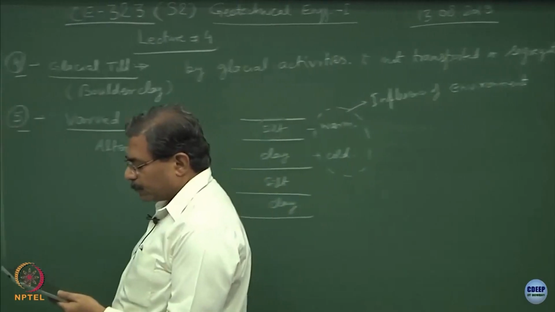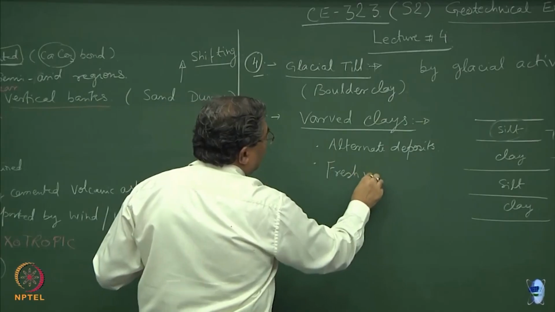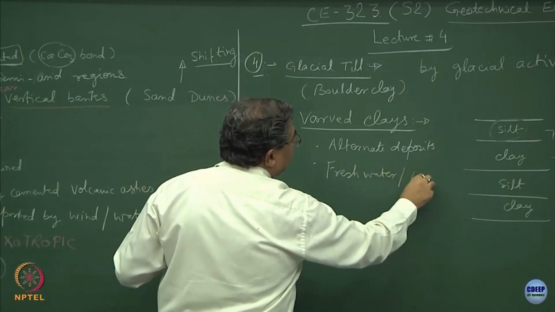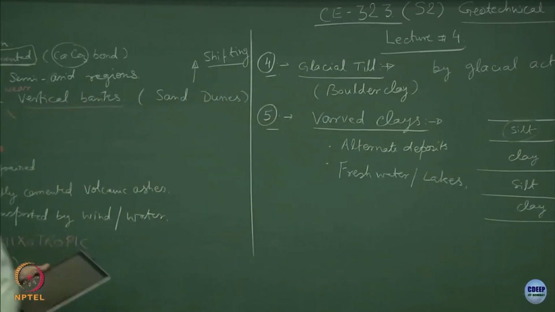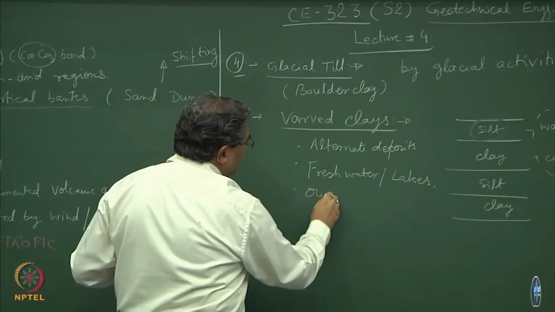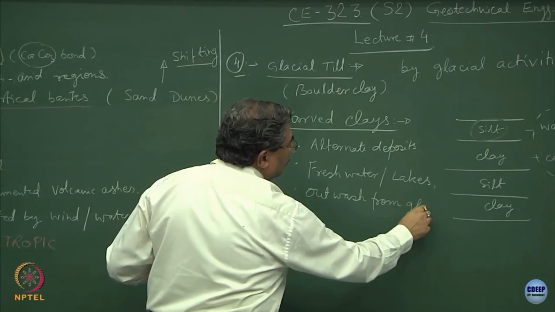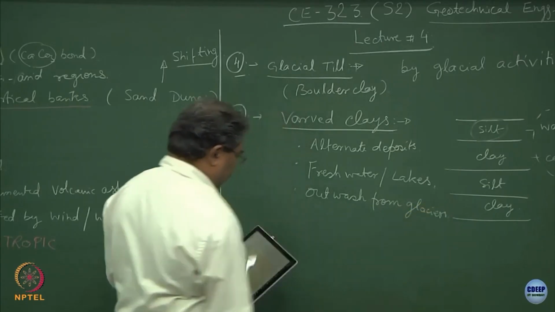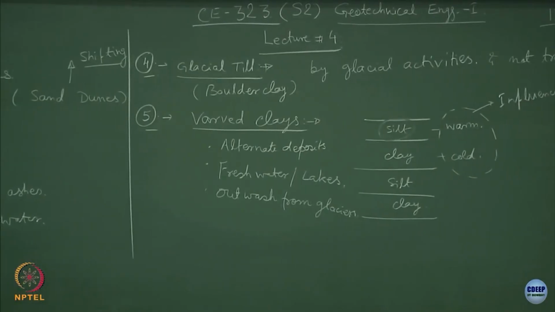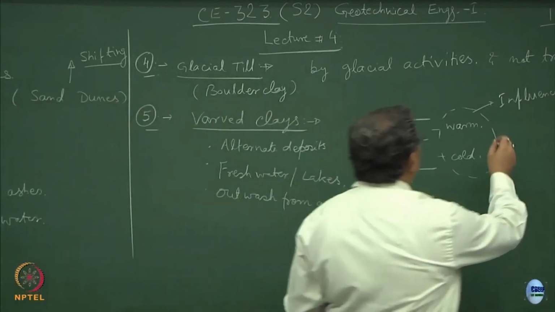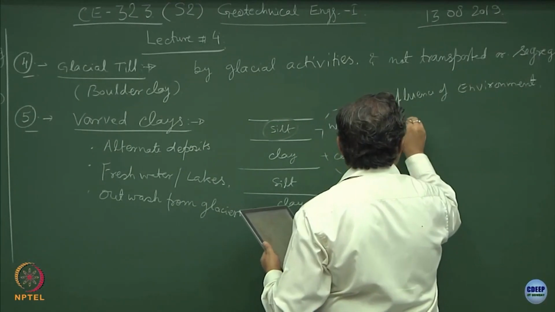Alright. Normally this type of thing happens in fresh water and lakes, alright. This could also be the outwash from the glaciers, whatever gets washed out from the glaciers. Now, silt deposition occurs when the environment is warm plus heavy runoff.